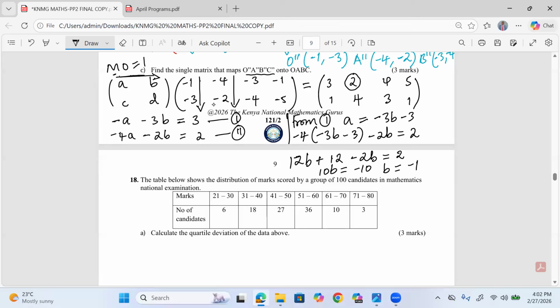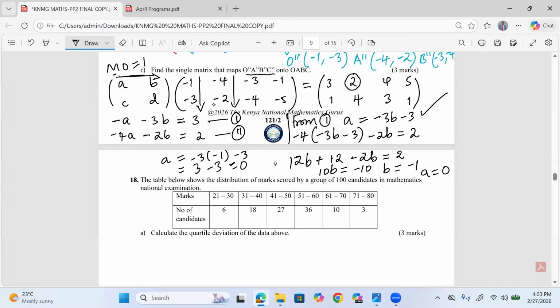If that is the value of B, then the value of A can also be gotten using this relation here. A equals -3 times the value of B, which is negative 1, then minus 3. So what are we having there? Positive 3 minus 3. Ladies and gentlemen, I'm getting a 0. So as B is negative 1, A equals 0.